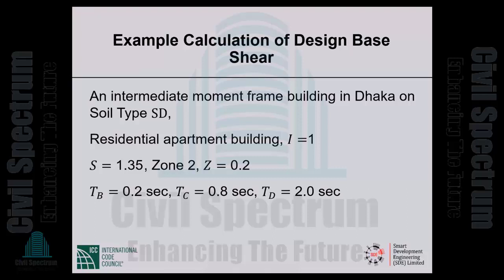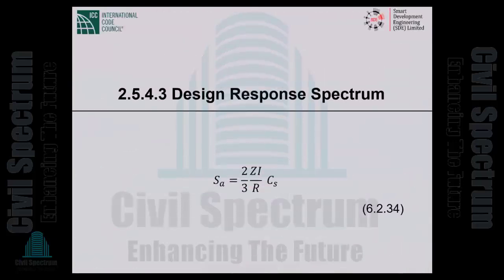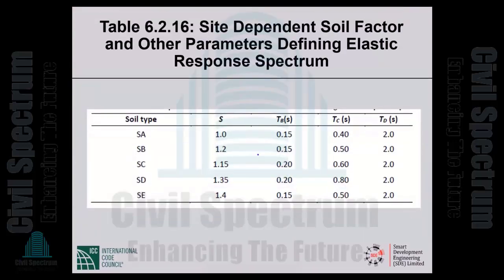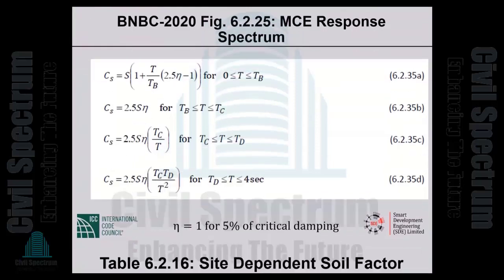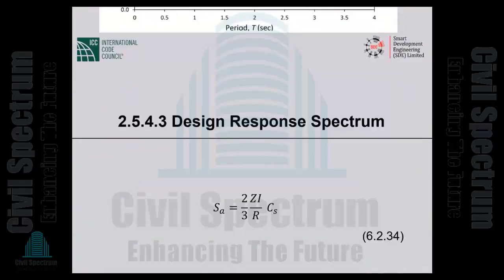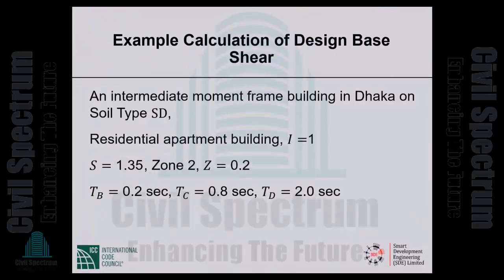So here I decided to run numbers using BNBC 2020, the equations that you saw here, in the appendix. So an intermediate moment frame building in Dhaka on soil type SD.